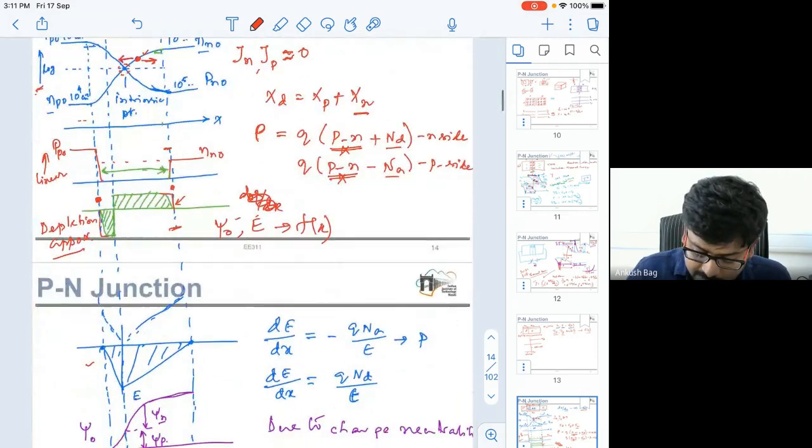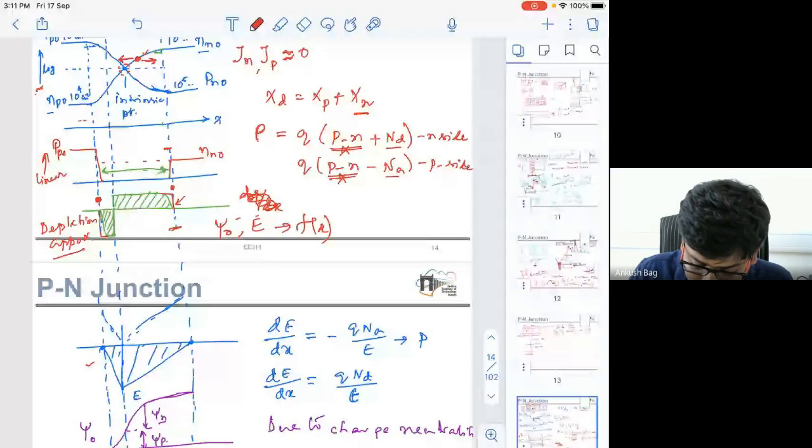From the depletion approximation and the space charge, that means the immobile ions, which lead to the built-in potential, we can calculate the electric field.